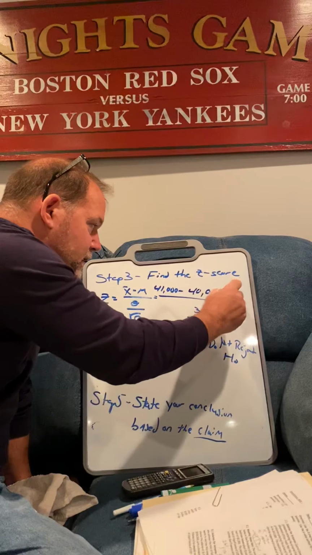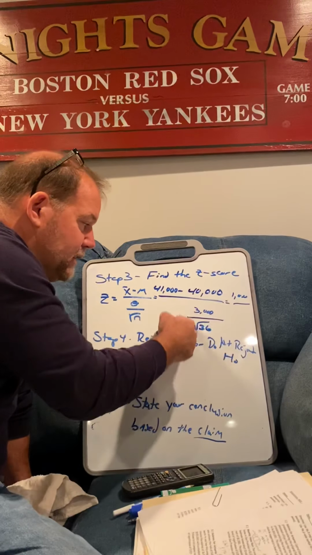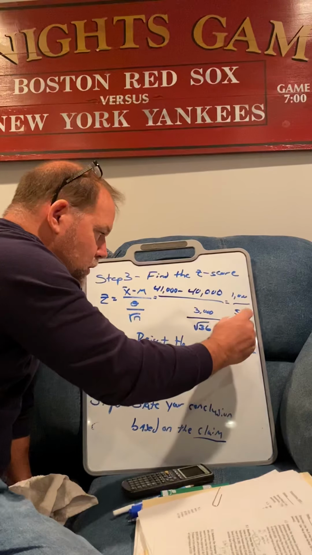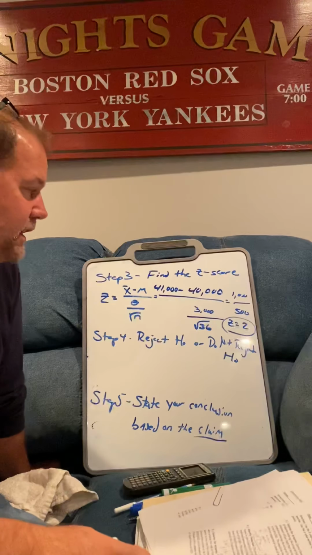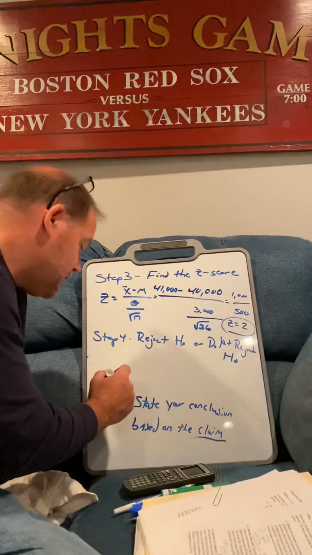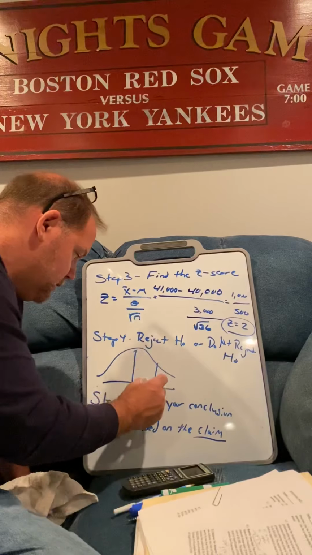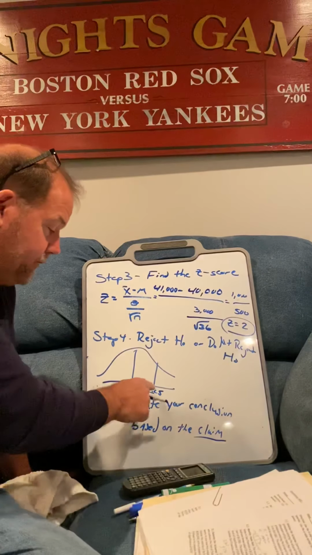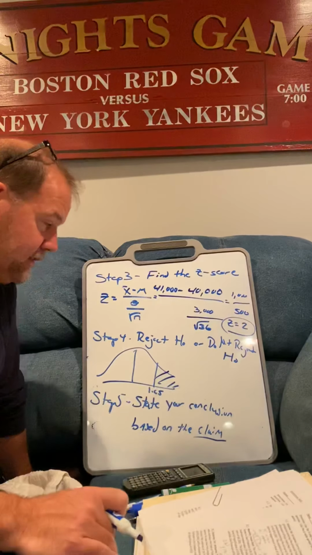So the numerator is going to be 1,000. The denominator, 3,000 divided by 6, is going to be 500. So 1,000 divided by 500 is a z-score of 2. So go back to step 2. Step 2 said if our z-score was greater than 1.65, we would reject the null hypothesis.